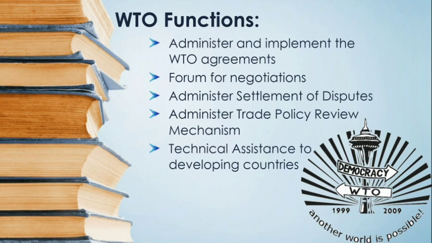On the basis of negotiations and regular changes in the business environment, WTO needs to review the policy of international trade. WTO also provides technical assistance to developing countries regarding development of international trade.